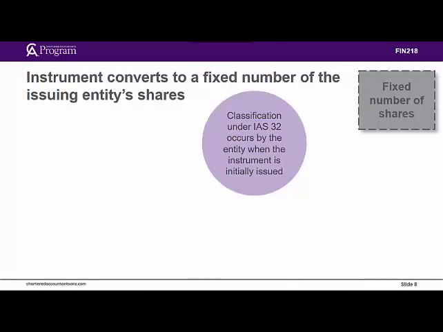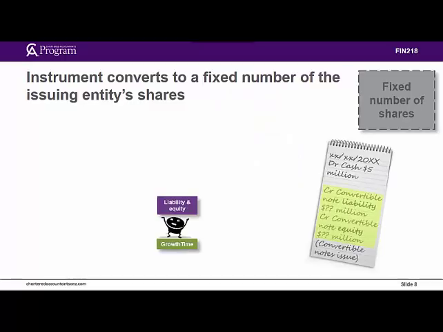So again, let's go back. What does IAS 32 want us to do? It wants us to classify the instrument when it's first issued. So Growth Time says I've got both a liability and an equity when there's the fixed number of shares. So there's a debit to cash, but the credits will go to a liability account for a certain dollar value and into equity for the remaining amount of dollars.